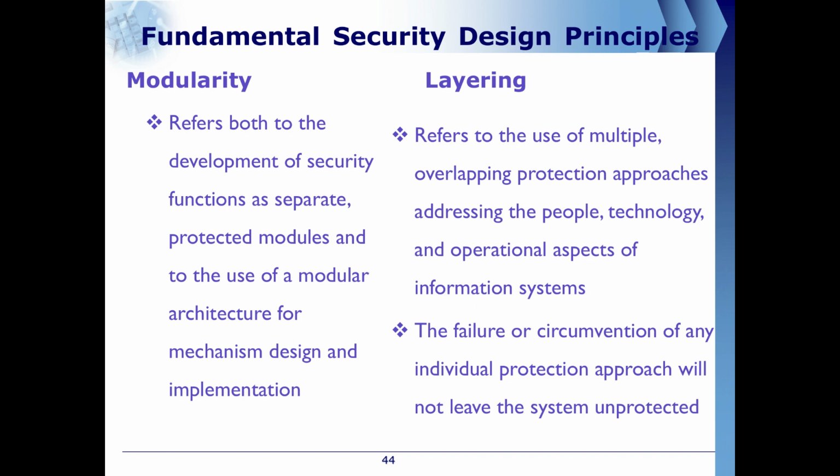Modularity refers both to the development of security functions as separate, protected modules and to the use of a modular architecture for mechanism design and implementation. Layering refers to the use of multiple, overlapping protection approaches, addressing the people, technology, and operational aspects of information systems. The failure or circumvention of any individual protection approach will not leave the system unprotected.